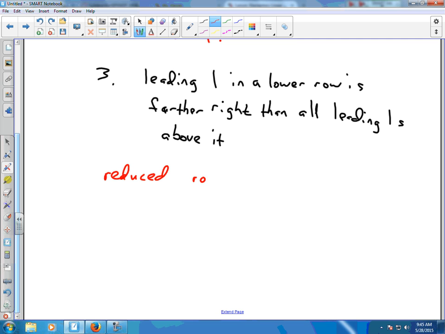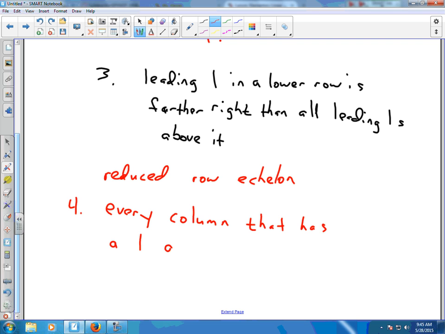Reduced row echelon has all of those characteristics, and also every column that has the 1 as a pivot has zeros everywhere else.